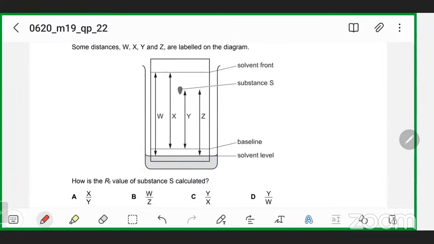What is the Rf value of the substance S? I say S is that one. What is the Rf value of S? क्या होती है Rf value?